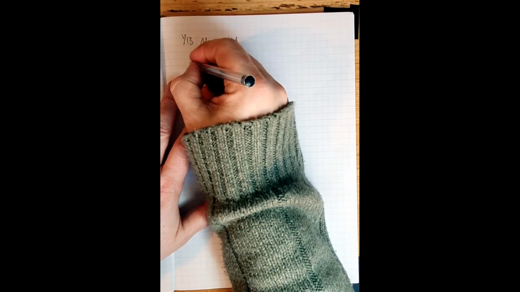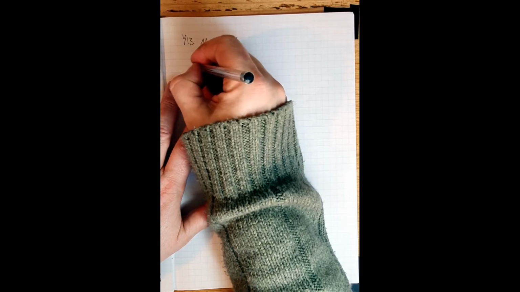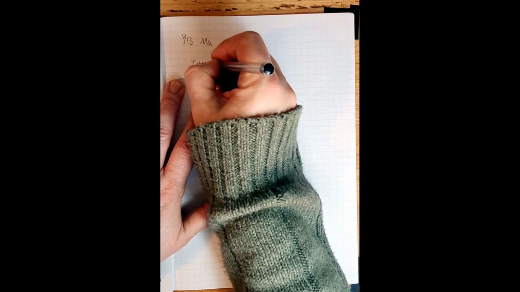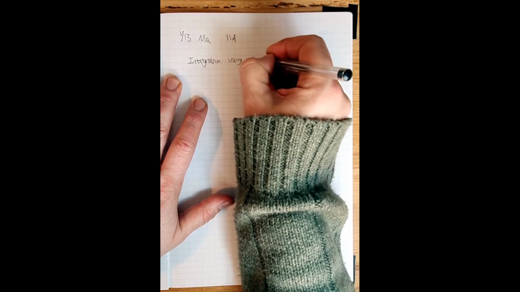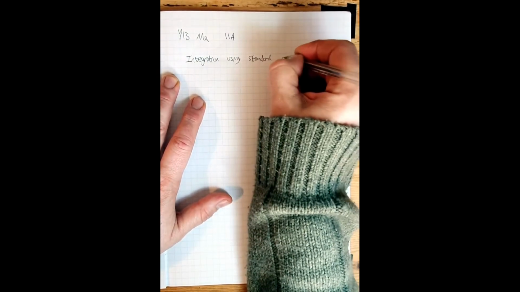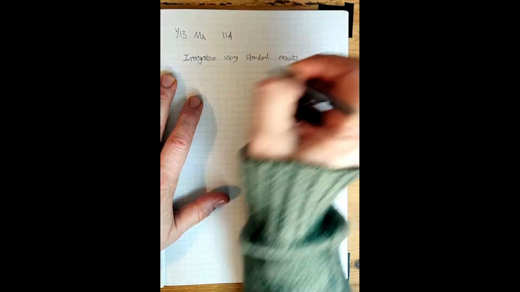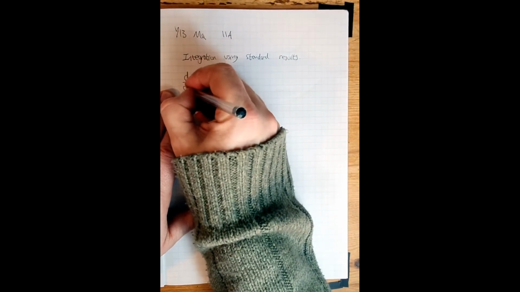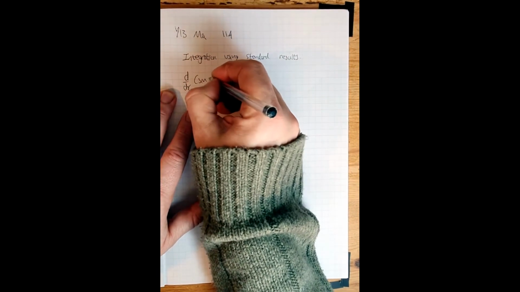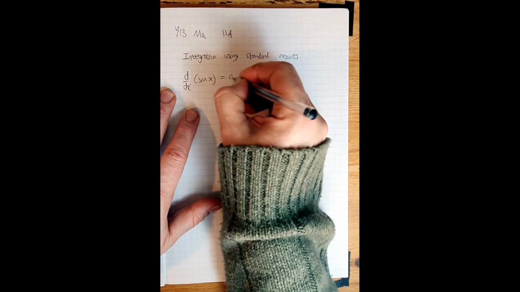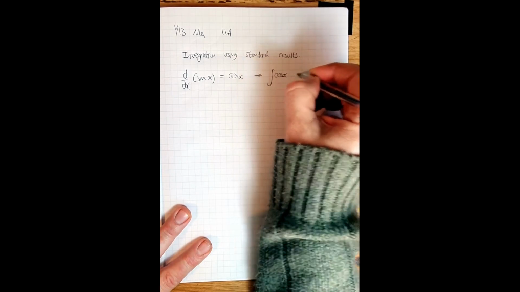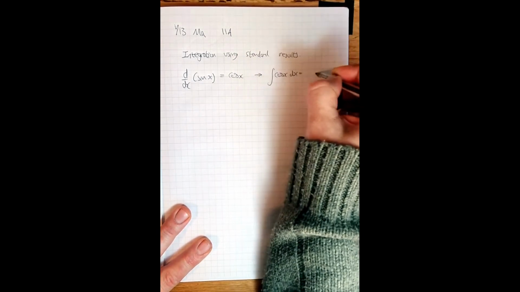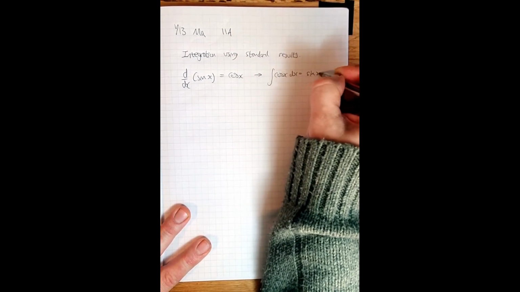Now we already know, so let's look at integration using standard results. We already know that the derivative of sine x is cos x, and so cos x integrates to sine x.